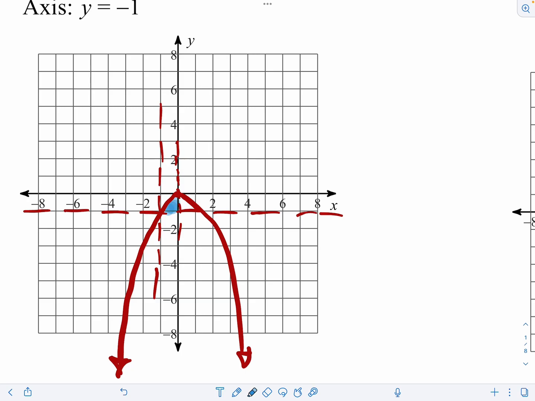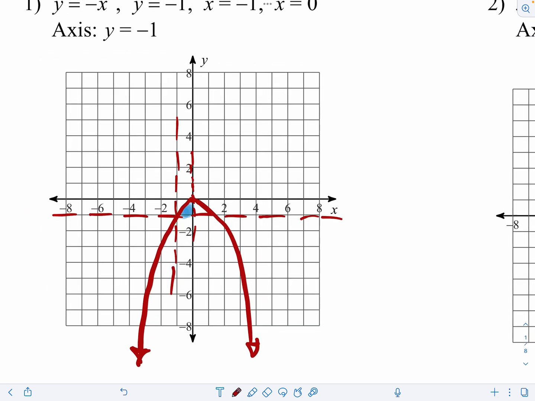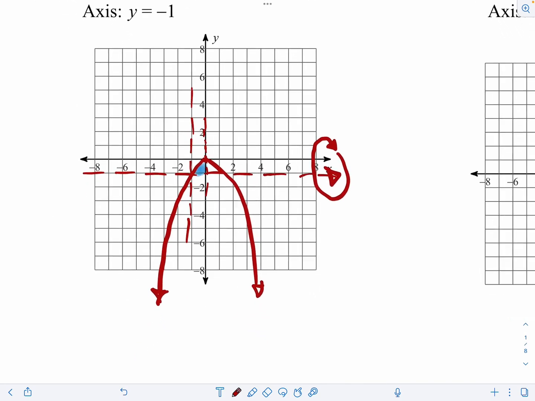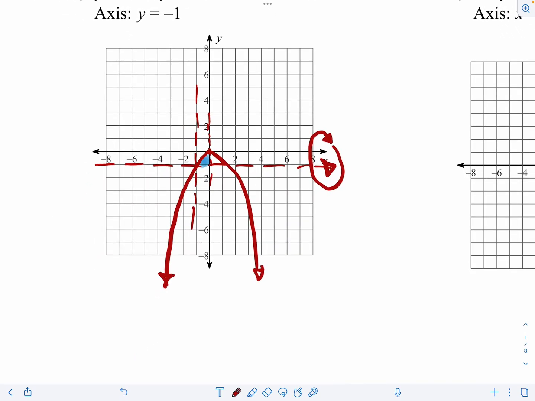It's not half of a unit, because there's a curvature in there. And we are revolving around the line y equals negative 1. So that dotted line that I've drawn right there is the line y equals negative 1. I'm going to make a little spin on there to show that we're revolving around that axis. I'm going to amplify it here just to make it a little bit clearer.